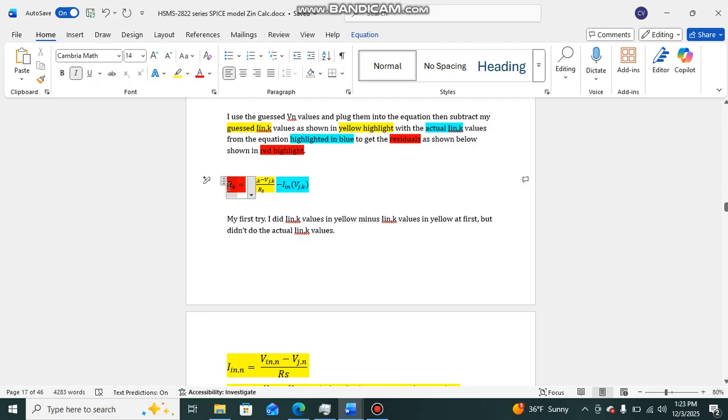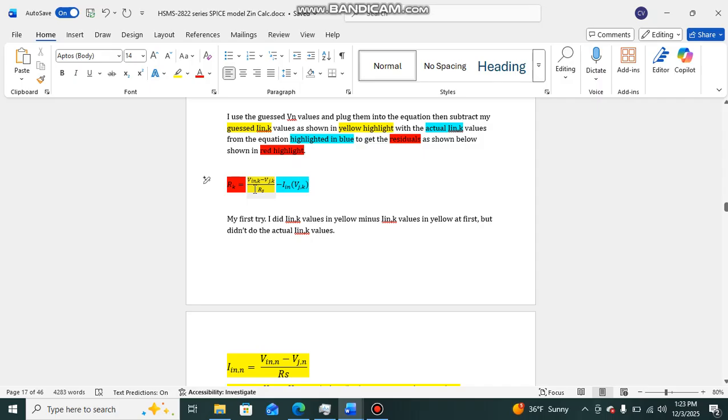So residuals, this is RK, which means residuals. Residuals are numbers that are very small and almost equal to 0. So if we can get those residuals to almost 10 to the negative 10 power, then we're doing good.